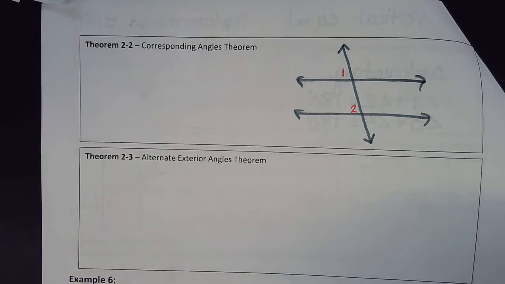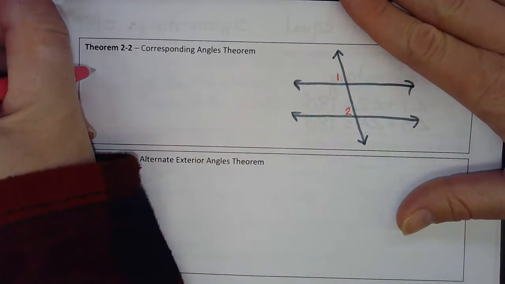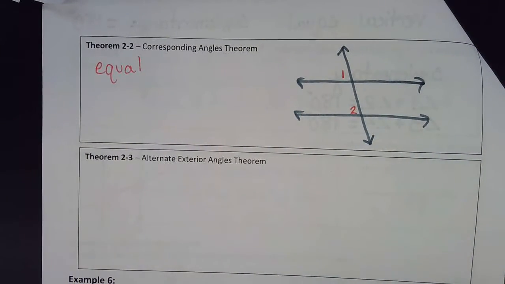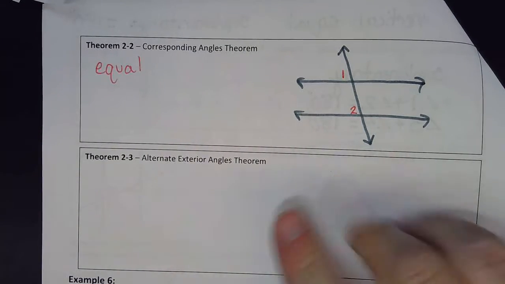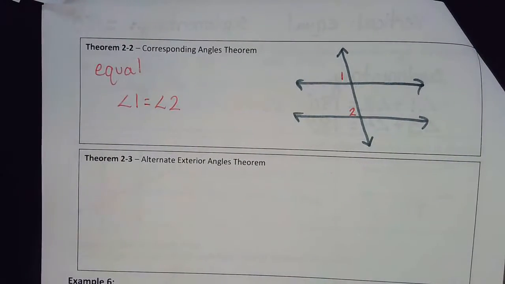These would be corresponding angles. So even though they're on the same side, they are called corresponding angles, and corresponding angles are equal to each other. So the only ones that are supplementary are same side interiors and same side exteriors. Everything else will be equal. Same side interiors and same side exteriors will add up to 180. Corresponding angles are equal to each other, so whatever angle 1 is, angle 2 is as well.